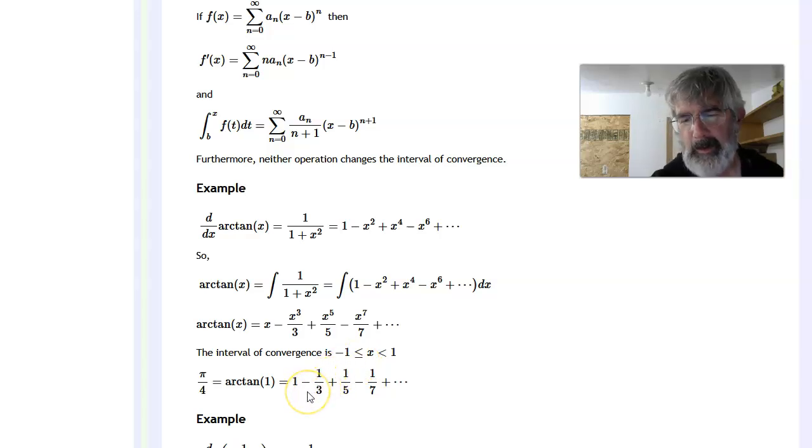So anyway, plugging a 1 in, I've got a 1 minus a 3rd plus a 5th minus a 7th. This is an alternating summation. Each term is getting smaller and smaller each time, with the limit being 0. And so there's a theorem, beyond the scope of this course, that says this has to converge. And it turns out that it converges to the arctan of 1, which is pi over 4.